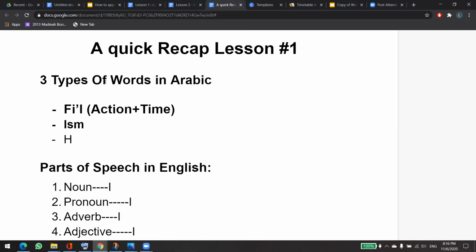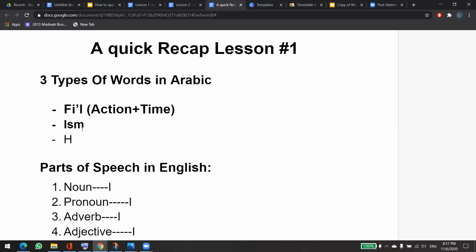In a sentence, if we see an action is going on, with the mention of time, like the action is going on in the present, or it happened in the past, or it's going to be there in the future. Action plus time. So if the action is mentioned with the mention of time, then it's fail. Both things have to be there, action plus time.